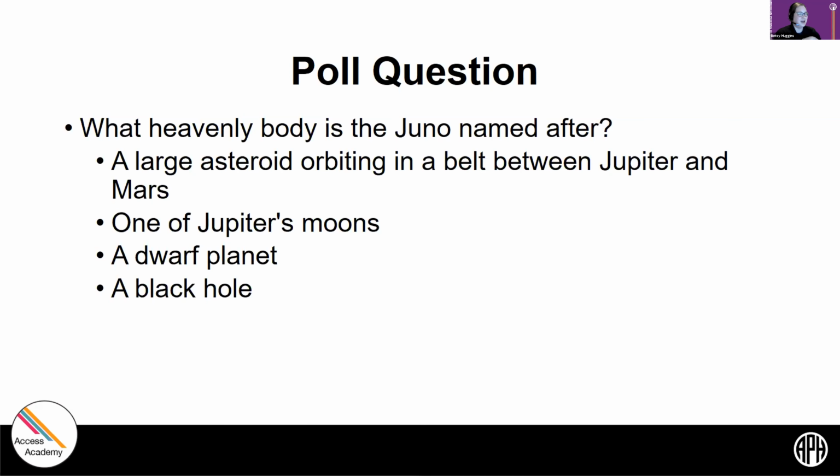Hopefully this is giving you a little bit of excitement about not only Juno, but also maybe going and looking into space a little. It's in the news all the time, and it's just definitely got me excited. Thanks everyone for your poll answers. And I apologize, I realized I never hit launch polling, and that is on me, guys. I'm sorry, I'm double dutying today. Thank you for putting your answers in the chat.